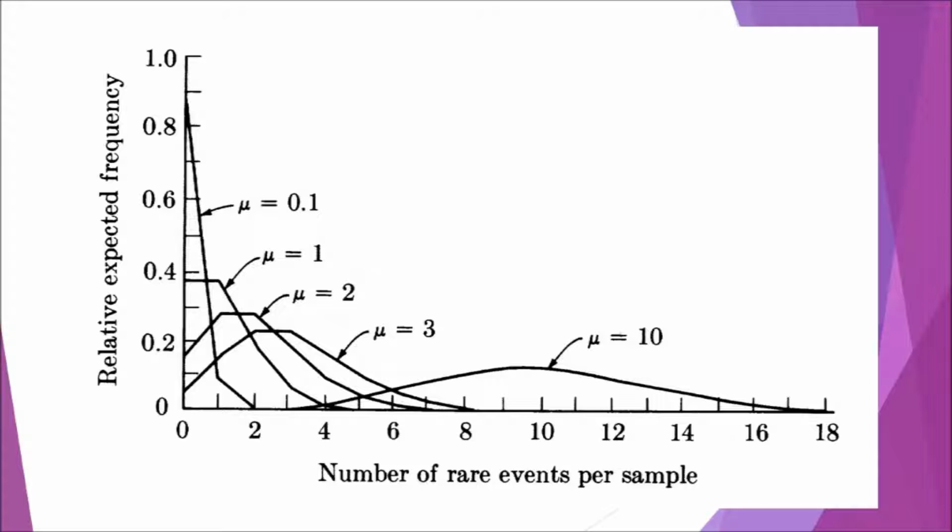Let's say we have an occurrence of 12 and our normal value, the normal occurrence, which is the mean value, is 10. So this last hill here with the mean equals 10. If you look at the 12 on the x-axis and bring it up to see where it meets the hill with mean equals 10, you can see that's going to be the relative expected frequency. If you have 10 rare events happening, then this is going to be 0.1 expected frequency.